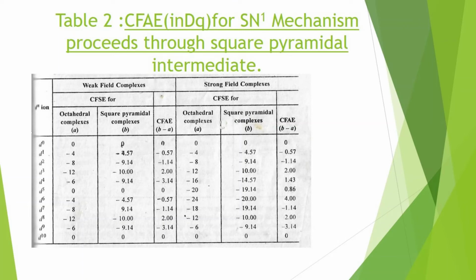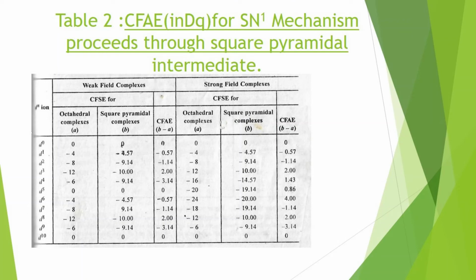It may be noted from the table that metal ions with d0, d1, d2, d4, d5, d6, d7, d9 and d10 configurations have negative or zero value of crystal field activation energy for weak field octahedral complexes and hence are labile. And metal ions with d3 and d8 configurations have positive value of activation energies, therefore they are inert complexes.